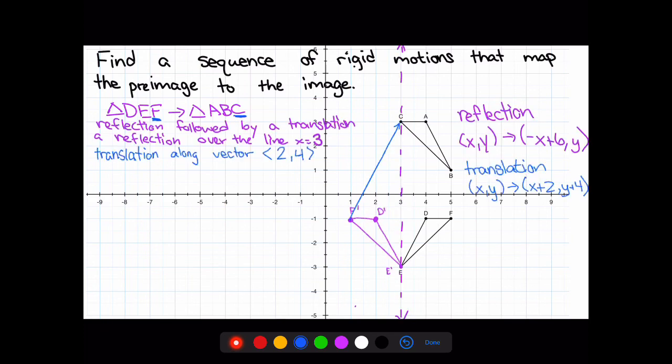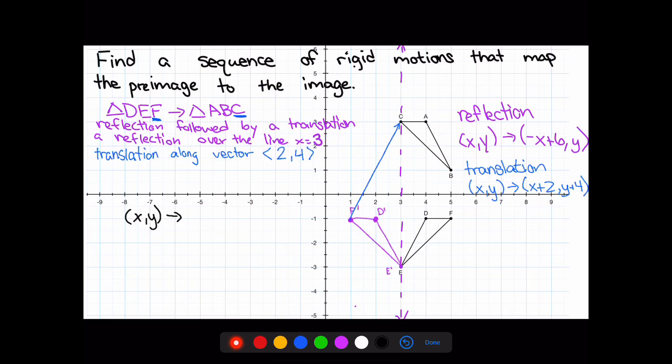So again, just to recap, that was a reflection followed by a translation: a reflection over the line x equals 3, as we can see right here, and then a translation along the vector 2, 4, which we can see right here. And then if I want to write it out as a rule, we can see the rule for the reflection and the translation. If I were to put them together, we should all have the same answer, even if you do different steps than me, because again, you can do different steps here if you'd like.